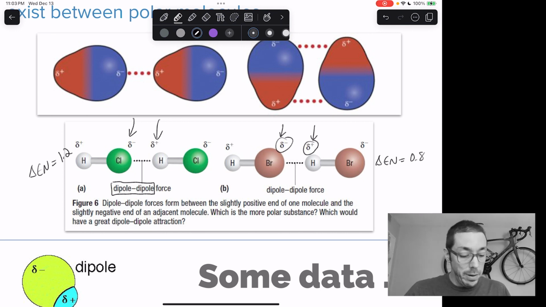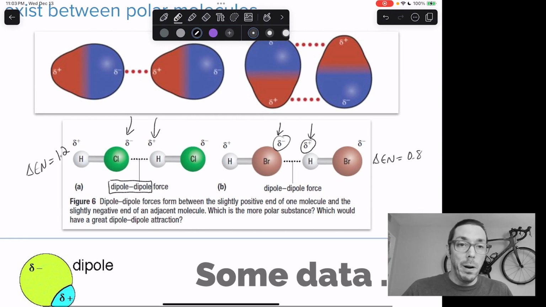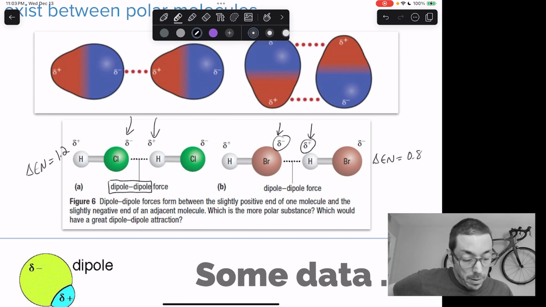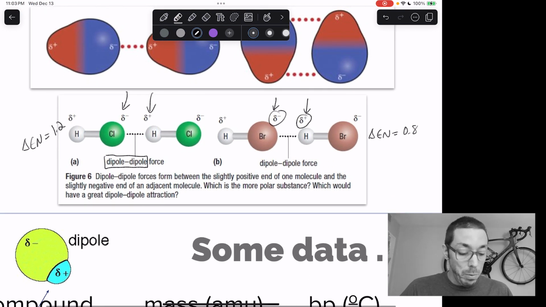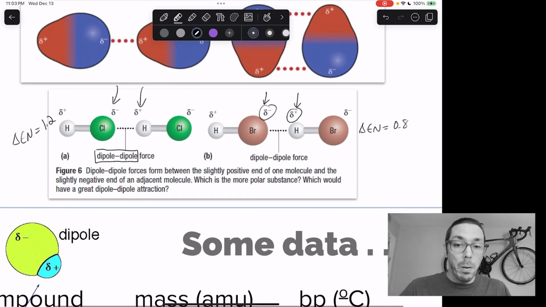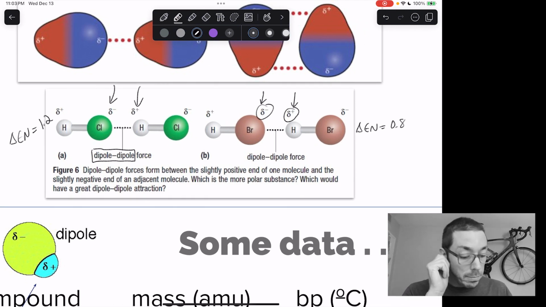It's less of a difference. So this dipole-dipole force in HBr is not quite as strong as in HCl because of that lower difference in electronegativity. But it still qualifies as a dipole-dipole force because it is a permanent polar molecule.